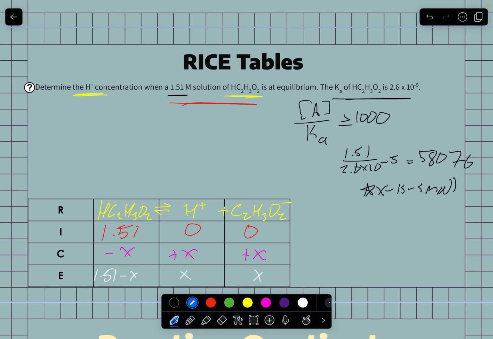Okay. But remember, we just did our x is small approximation. That means for our reactants only, we can get rid of that x.